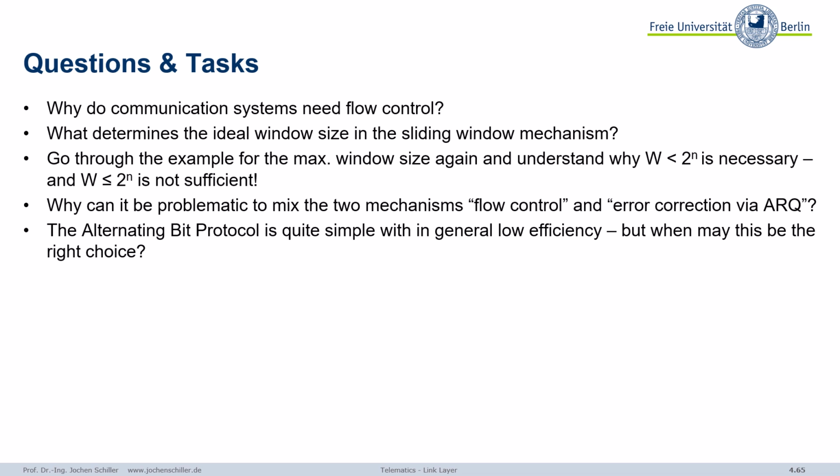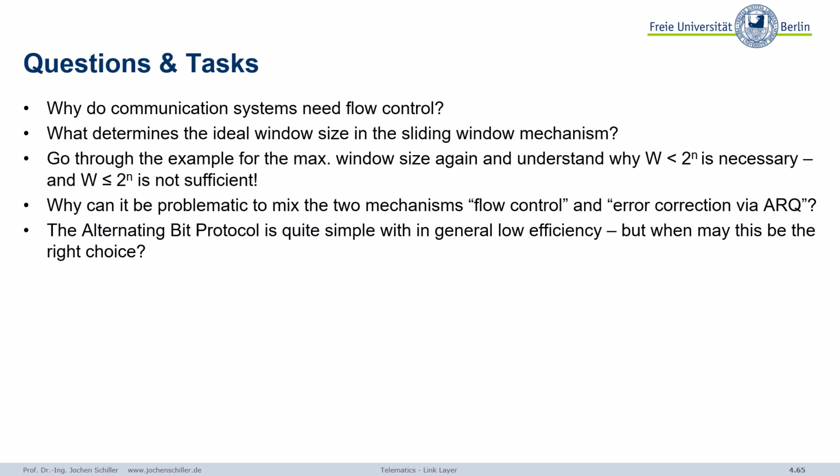But why do we need this at all, this flow control? Looks complicated, but why do we have it? Then we talked about windows and window sizes. So what determines the ideal window size? What is the ideal window size, and what are the parameters influencing this window size?